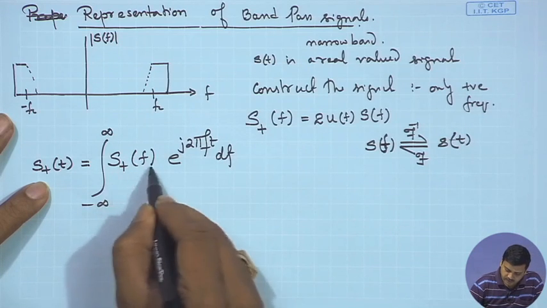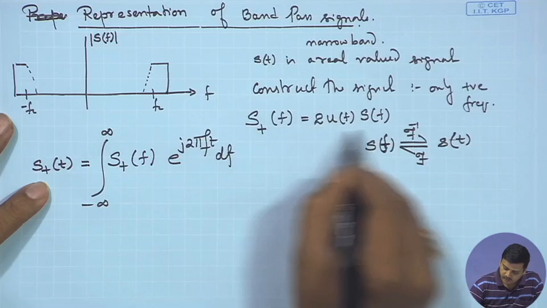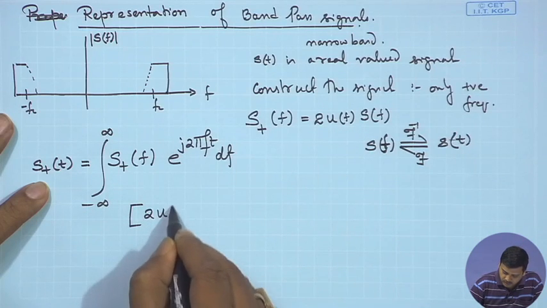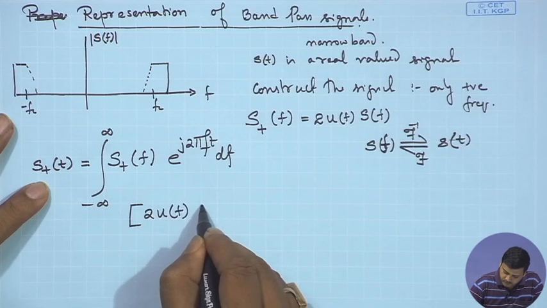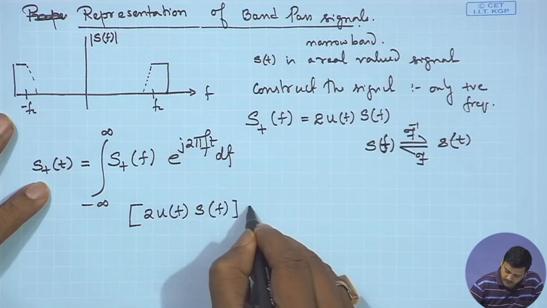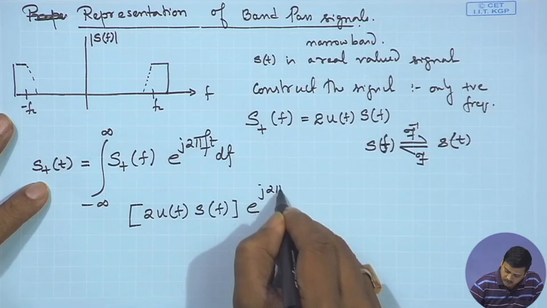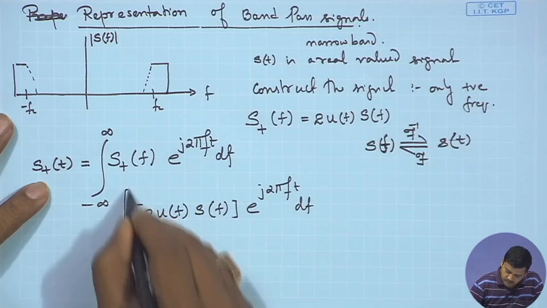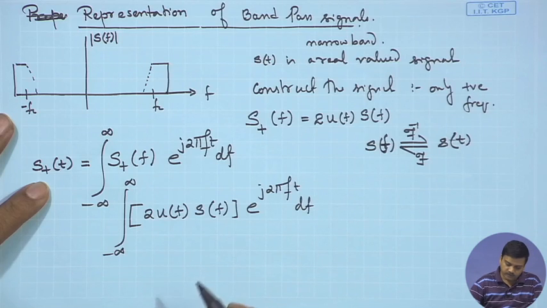If we have S plus of f, we have to replace it by the same term. So, we are going to have 2 u of f times S of f and e to the power of j 2 pi f t df, integral minus infinity to infinity.